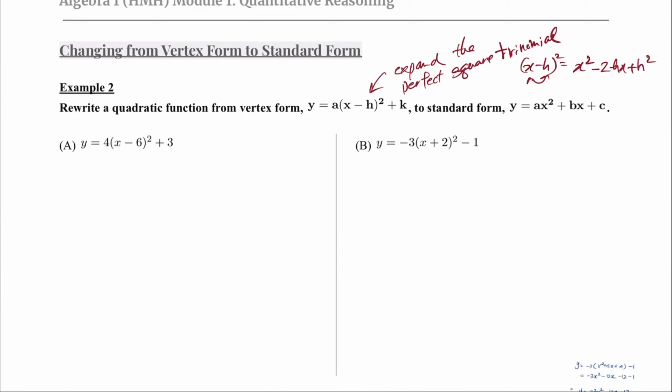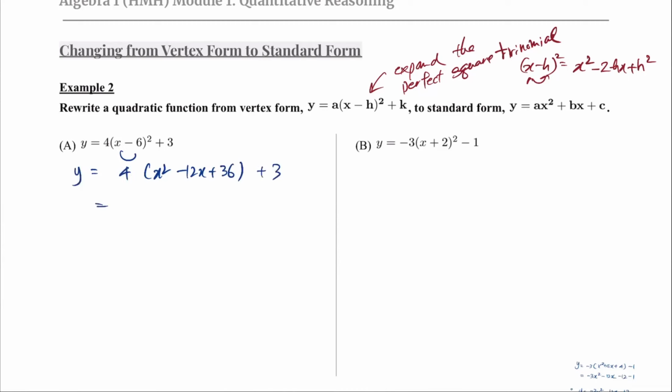So when we do that, let me change back to my regular colors. I'm just going to worry about this middle part, which gives me what? x squared, right? Oopsie, just give me one more second. Sorry about that. All right. There you go. When I multiply these two, I get negative 6x, right? I'm going to double that, negative 12x. And then we're going to square the last one, which is 36. Well, that's the one that you should take care of first. And then there's a 4 in the front, plus 3 in the second.